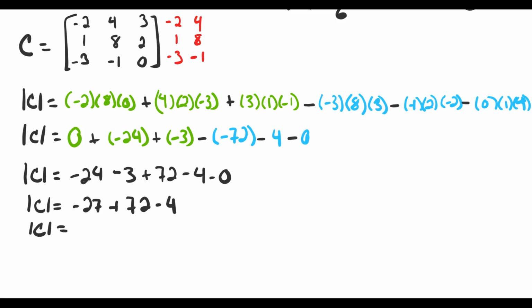Then I have negative 27 plus 72, which is going to give me 45 minus 4. And 45 minus 4 is going to give me a determinant of 41.